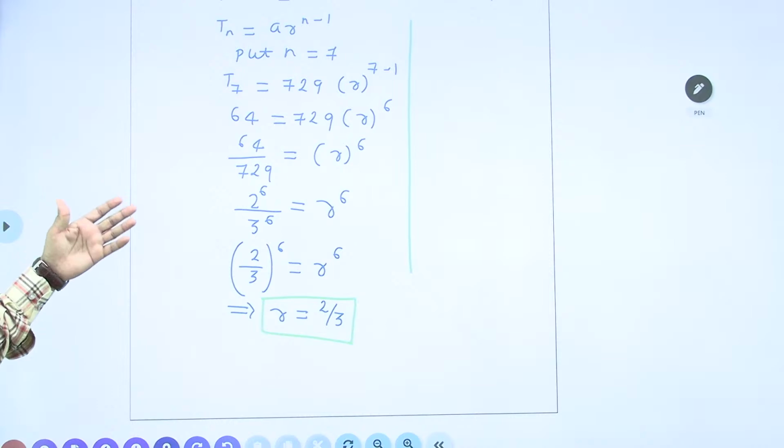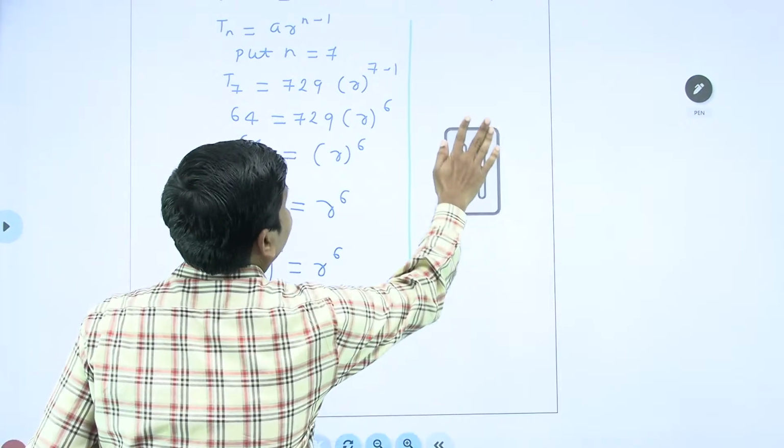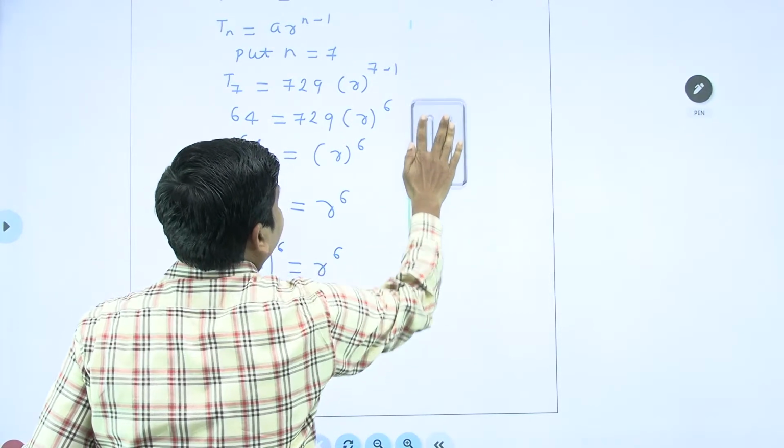So we know the A value and we know R, we can easily find S7.